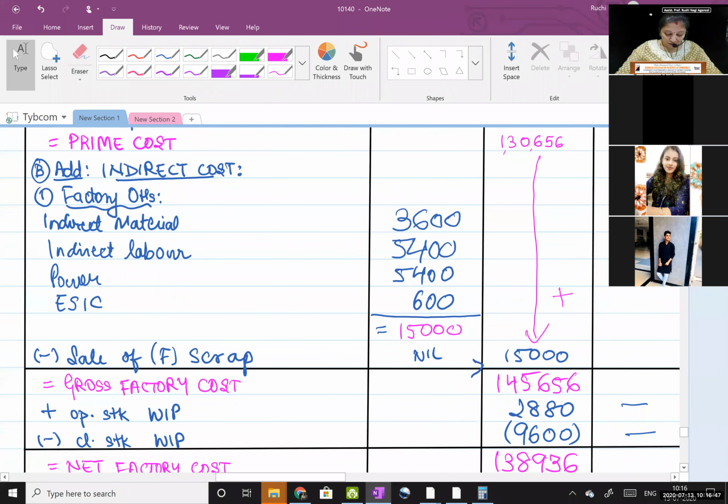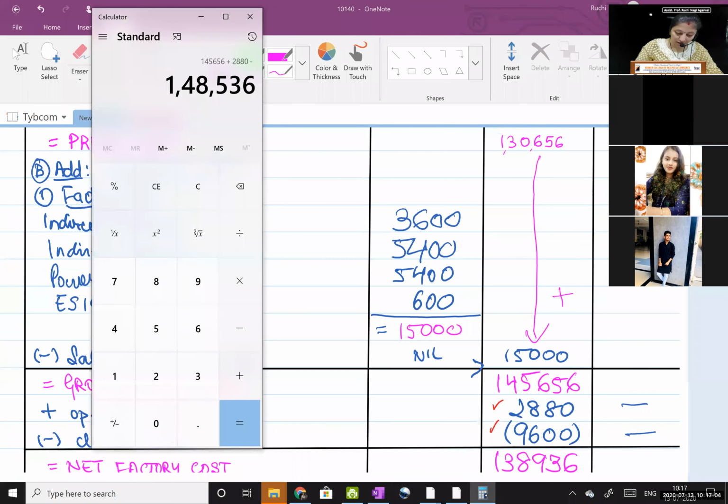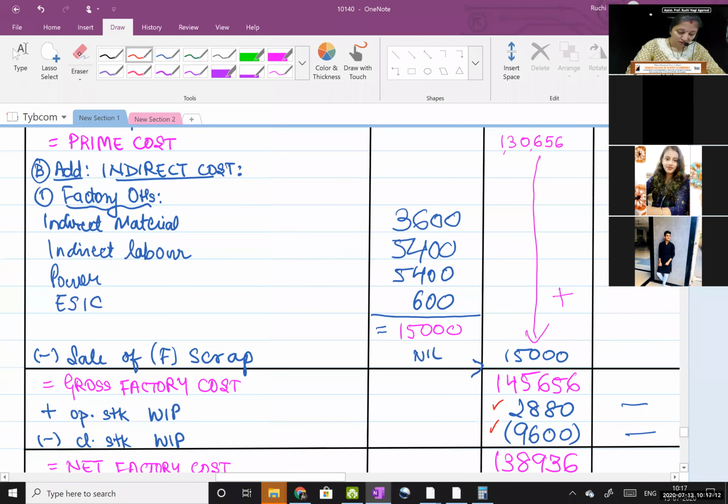Then add opening stock of WIP less closing stock of WIP. 2,880 and 9,600. Plus 2,880 minus 9,600. The answer is 1,38,936. Okay, so this is my what?